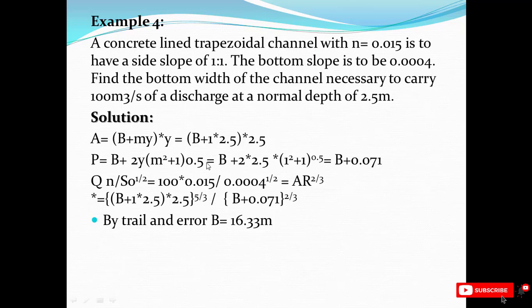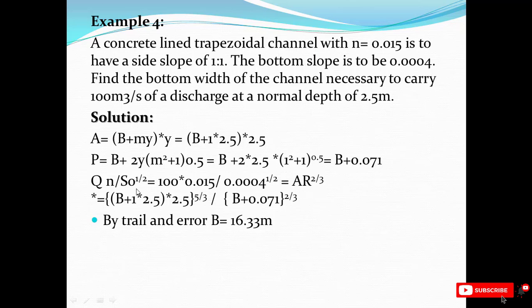Make this arrangement, moving known values to the left side and unknown values to the right side. The known value is Qn over root S, and the unknown is A R to the 2 by 3. We find this parameter by trial and error: we put a value of B and find A R to the 2 by 3.